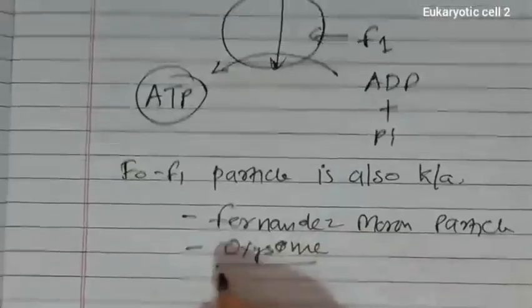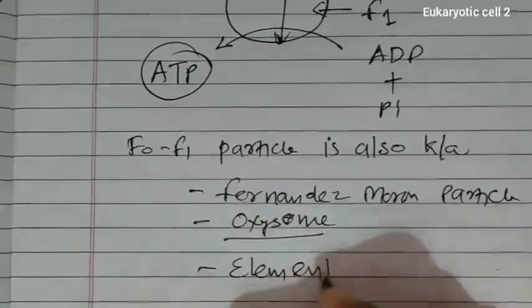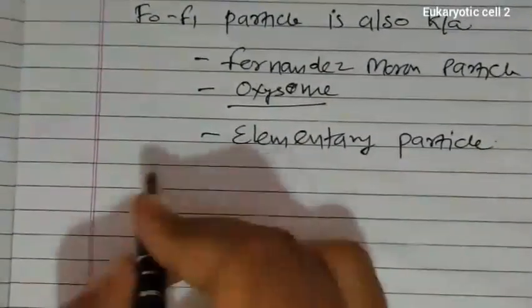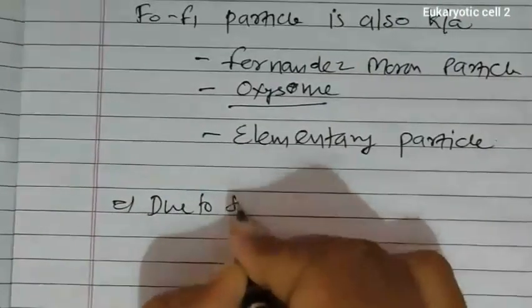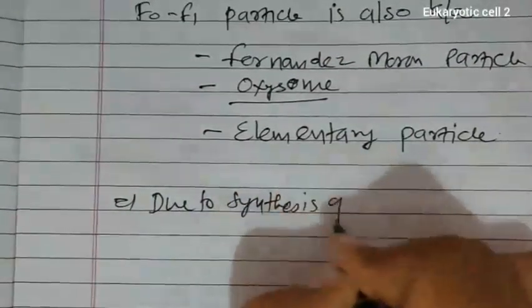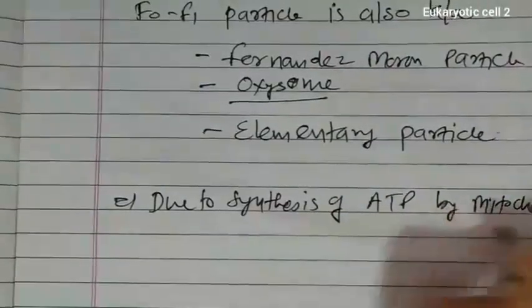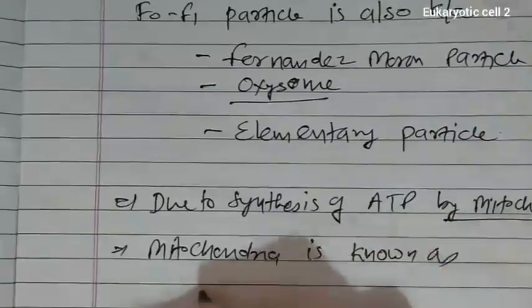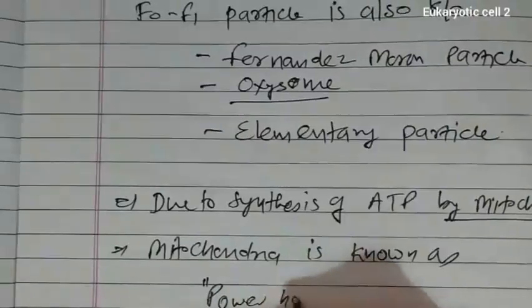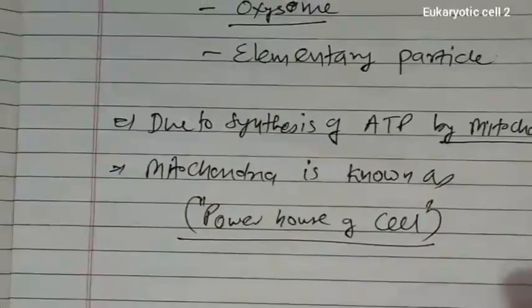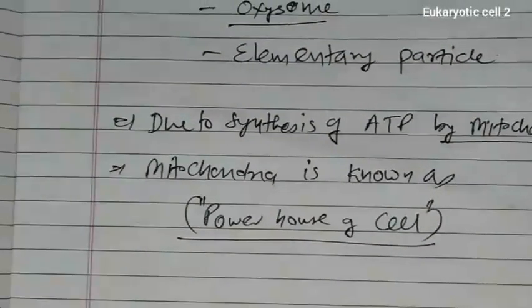We also call it the oxysome or elementary particle, which is involved in synthesis of ATP, and due to synthesis of ATP, the mitochondria is known as the powerhouse of the cell. So that is the structural aspect and functions of the mitochondria.